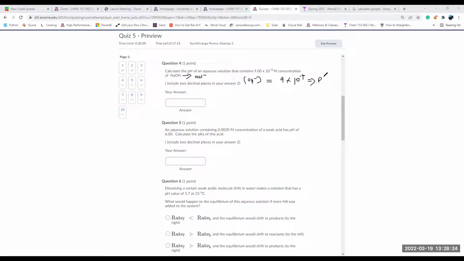Now for pOH is equal to minus log the OH minus concentration, which is 9 times 10 to the power of minus 4. Let me use the Google calculator one more time.